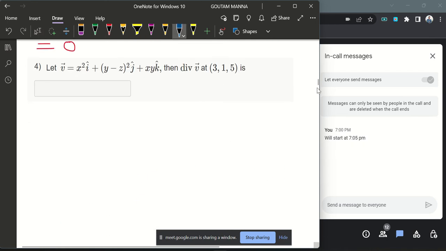Now the fourth problem, this is also a very easy problem. We have to find out the divergence of V, and V is given by this.